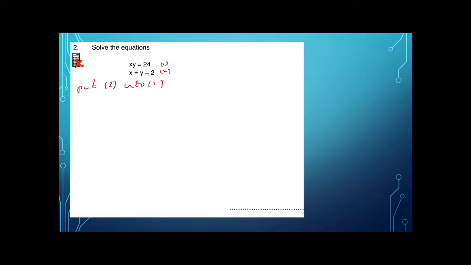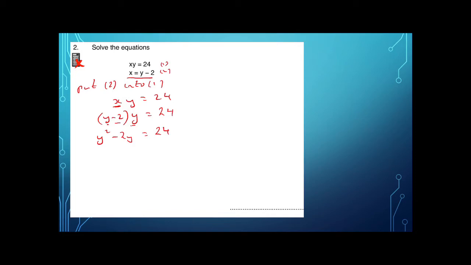Okay, so x is y minus 2. So we're going to replace the x with y minus 2 times y is equal to 24. I'll expand that bracket. y times y is y squared. Negative 2 times y is negative 2y is equal to 24.